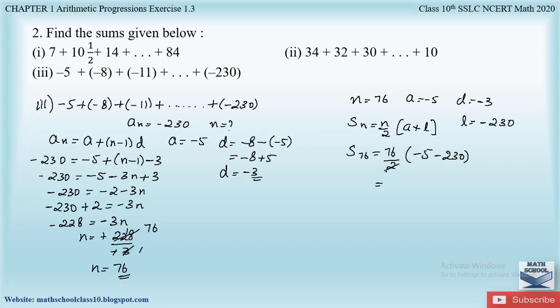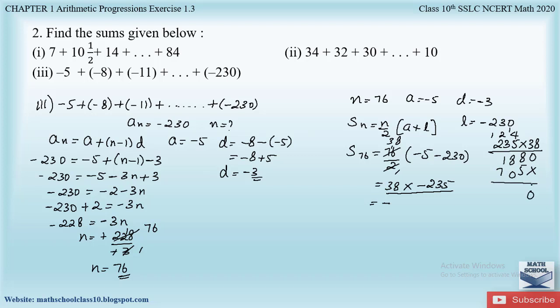So 76 divided by 2 is 38, into minus 5 and minus 230, which is minus 235. Let us multiply 235 into 38. 8 5s are 40, 8 3s are 24 plus 4 is 28, 8 2s are 16 plus 2 is 18, into 5 3s are 15, carry 1, 3 3s are 9, 10, carry 1, 3 2s are 6, 7.